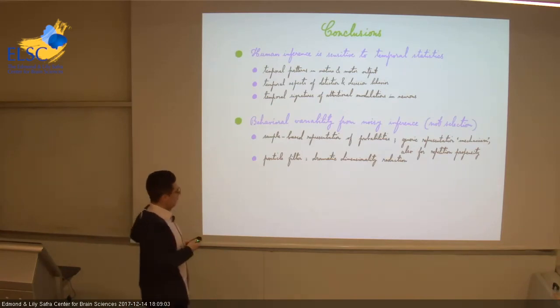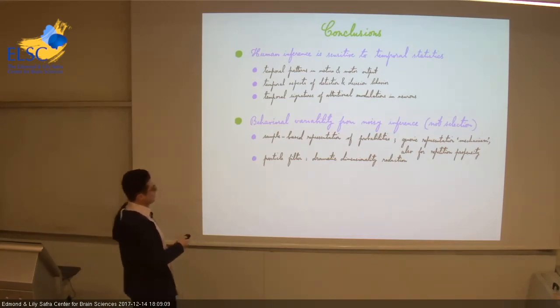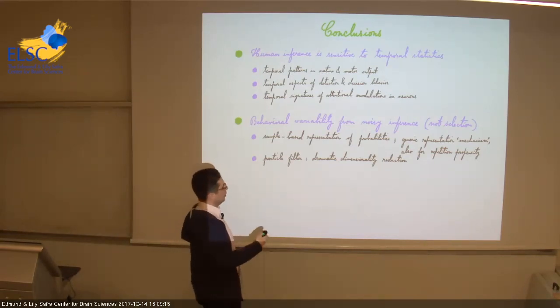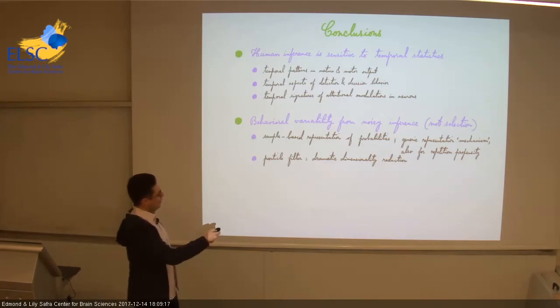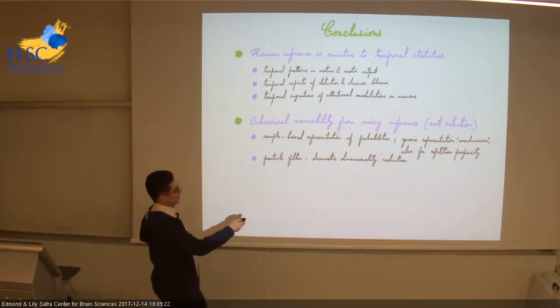Now, the other broad conclusion that one could infer from this work is that possibly the noise doesn't come only from an output noise, but also or mostly comes from an early on truncation, early on noisy inference.